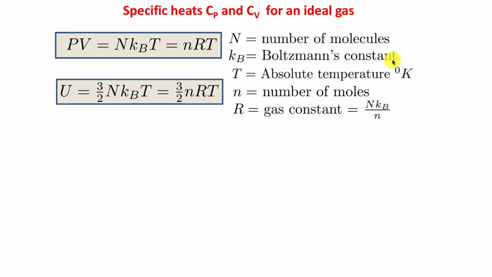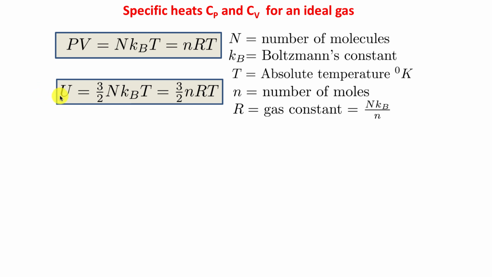It's measured in degrees Kelvin. n is the number of moles, and we've just discussed what a mole is. R is the gas constant. So I said over here, NkB is equal to nR, and so R is then defined as the number of atoms divided by the number of moles times the Boltzmann constant.